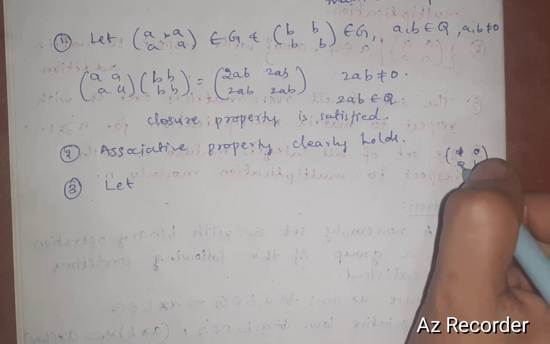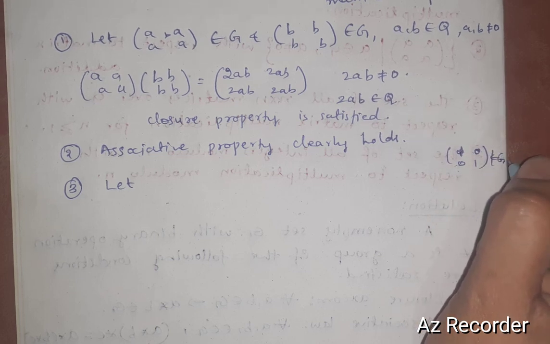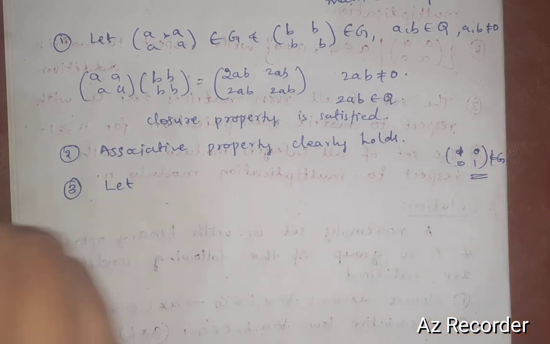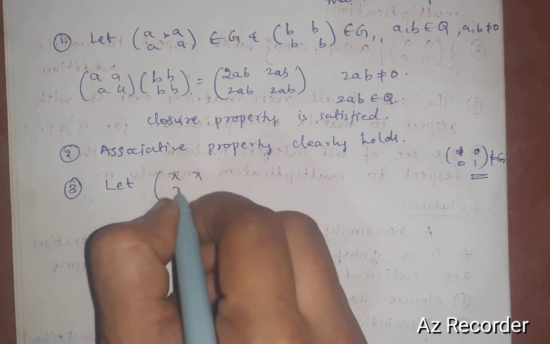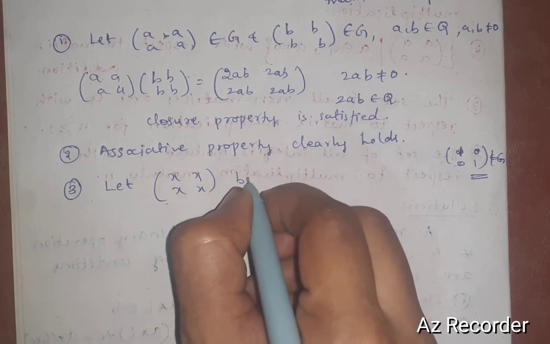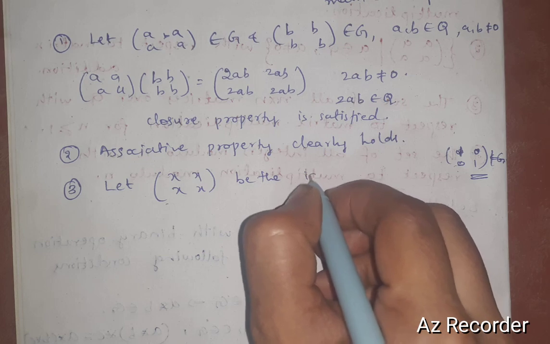If entry 0 comes, then it does not belong to G. So what will be the identity element? Let us check. Let x be the identity element.